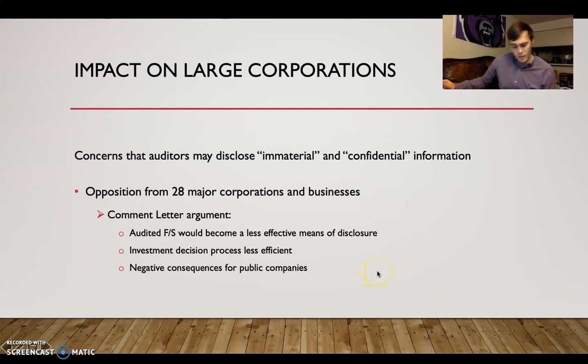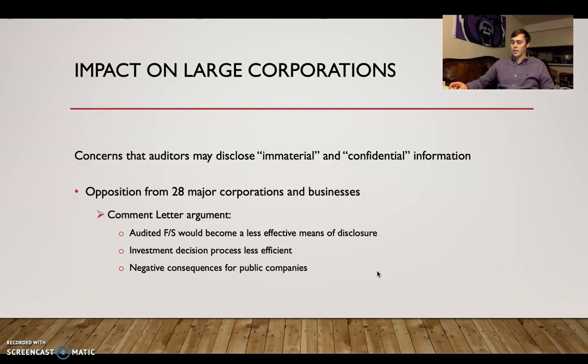So what are some of the big impacts of these new disclosure requirements on large corporations and publicly traded companies? Well, 28 major companies actually opposed the PCAOB's proposal of the new standard, citing concerns that it would lead to auditors disclosing immaterial and confidential information.